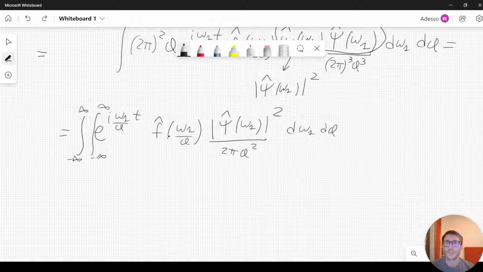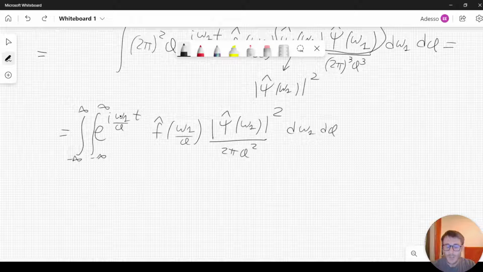And I can show you that we can rewrite this integral by means of a product of two integrals. One integral will be performed on one variable and the other one will be performed on another variable. And this will simplify the expression a little bit, and we will be able to find the inverse wavelet transform, which is not really apparent from here.